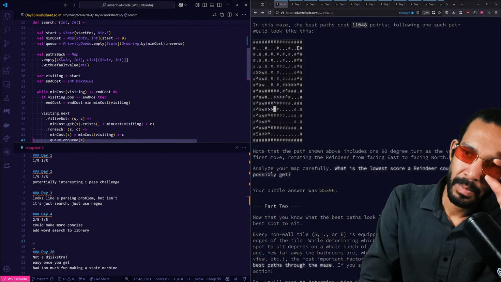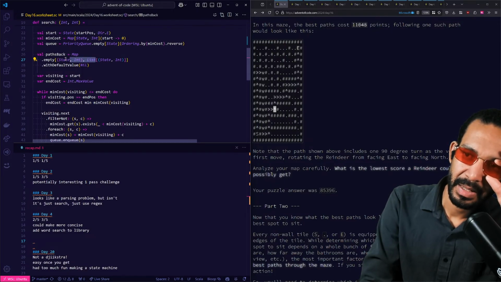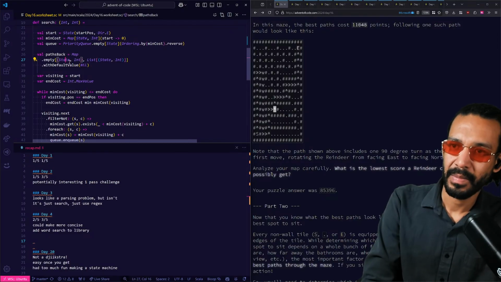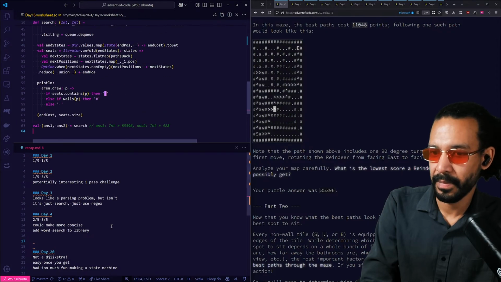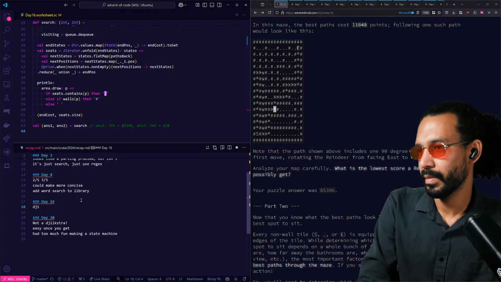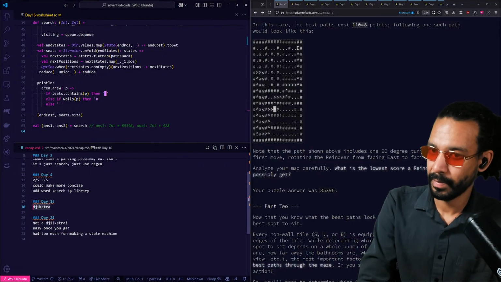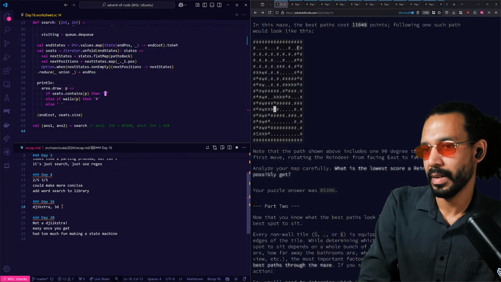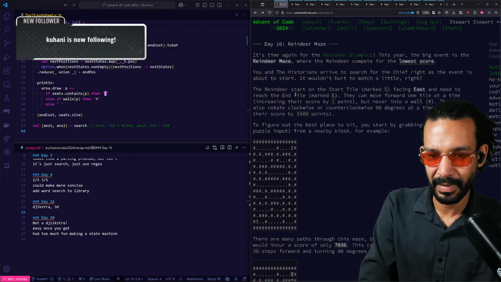But that made it even more annoying that the pass back now also needed the time as part of its state. And our state wasn't just a position and direction. But I appreciate that it's not just like a 2D Dijkstra.